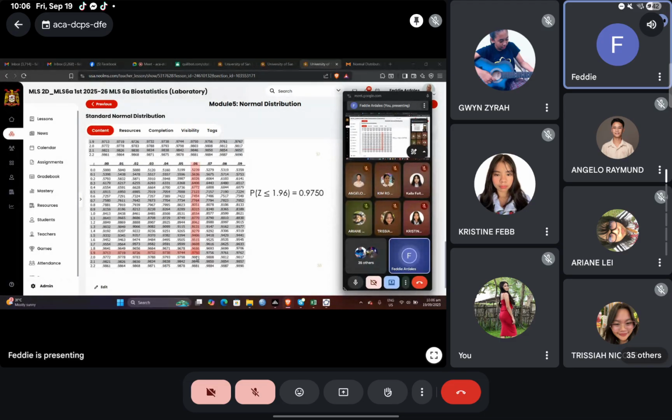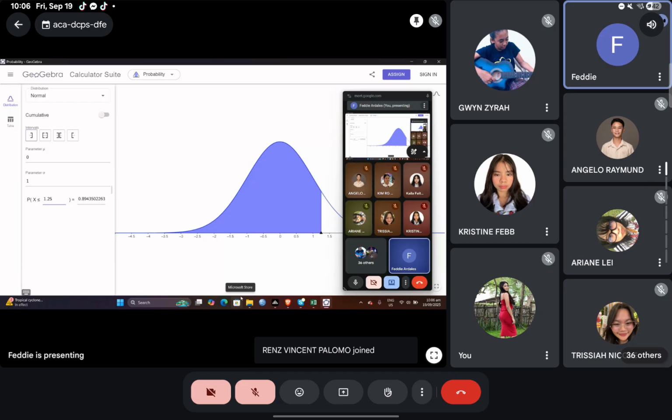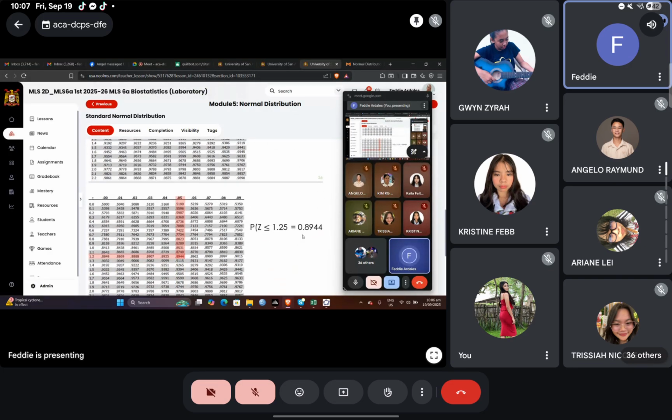Let's try to compare this if we use GeoGebra. Let's say the mean is 0 and the standard deviation parameter is 1. Let's try, less than 1.25. As you see, 1.25 in your table is 0.8944.